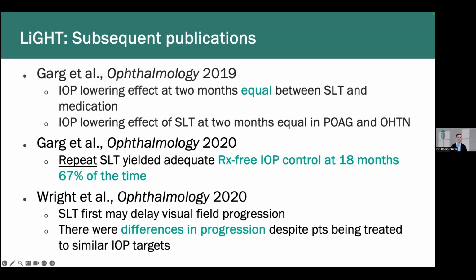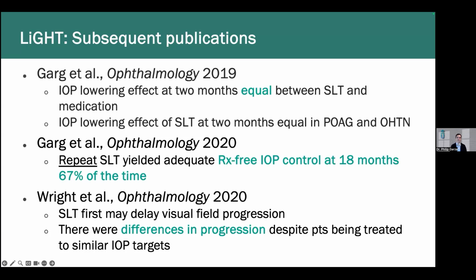It's very difficult to design a study that shows differences in progression. What we're doing is trying to show that our interventions lower eye pressure equivalently to timolol or latanoprost, but it's another level to show that one delays progression of disease. And this signal came out of the follow-up study of the LIGHT trial.